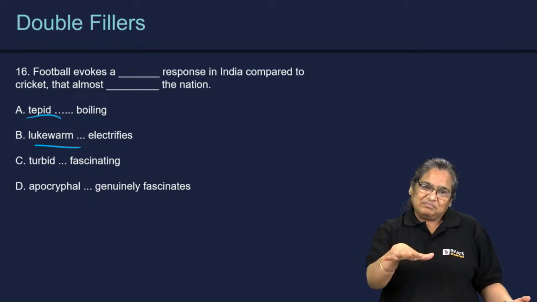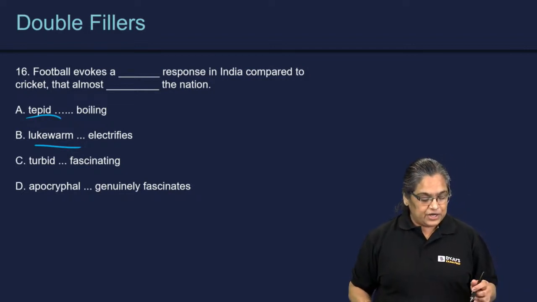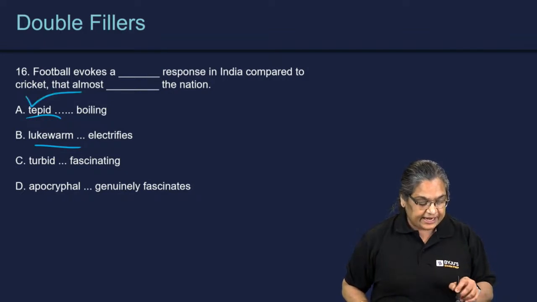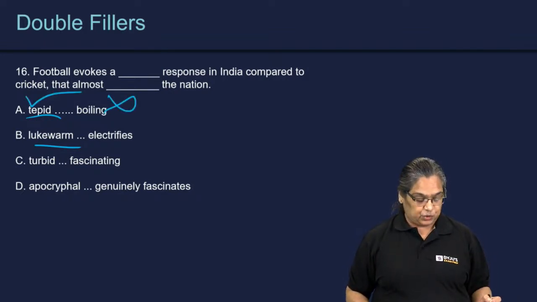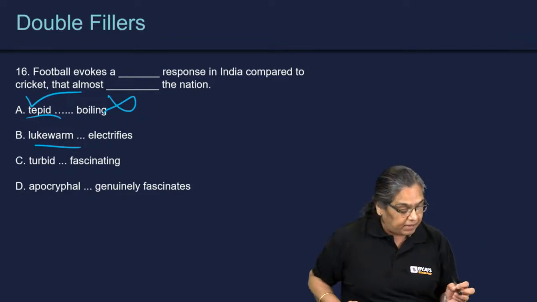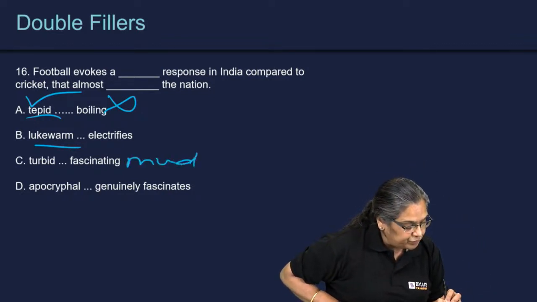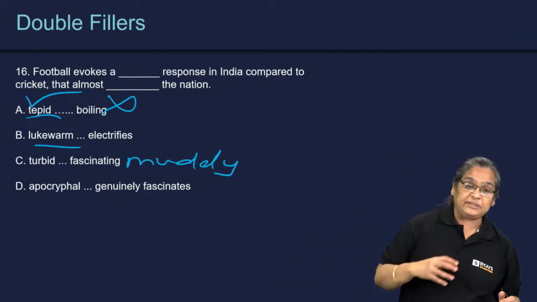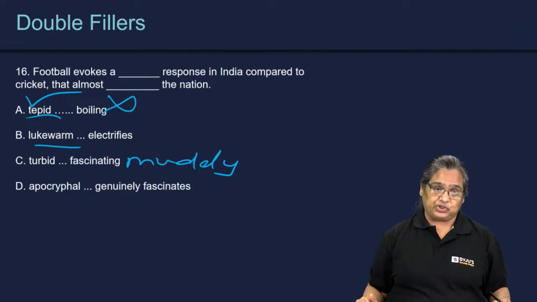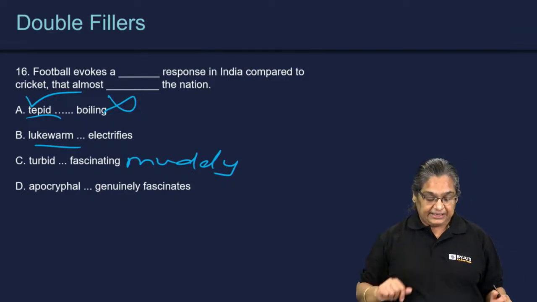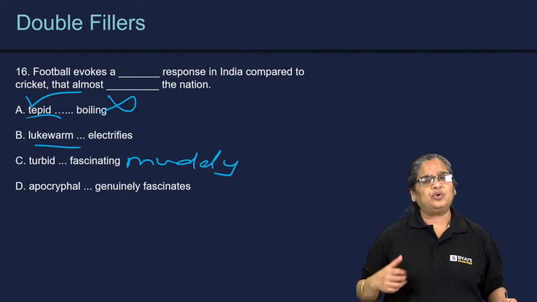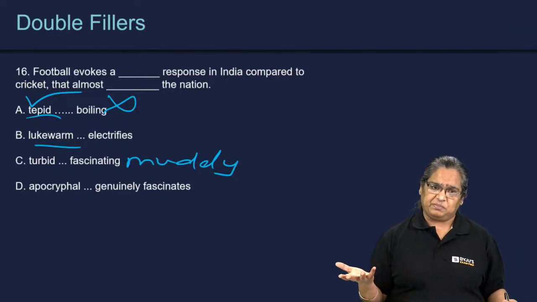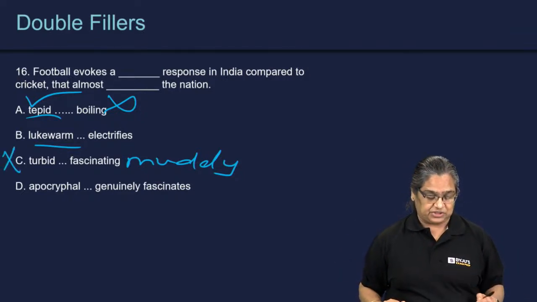Boiling the nation doesn't work. Turbid means muddy, unclear. The waters of the river become turbid in the monsoons, right? So you don't use that for a response; you say ambiguous response maybe, but not turbid response.